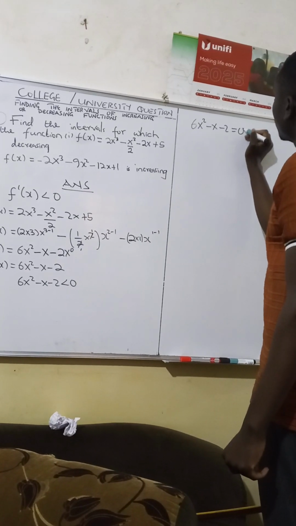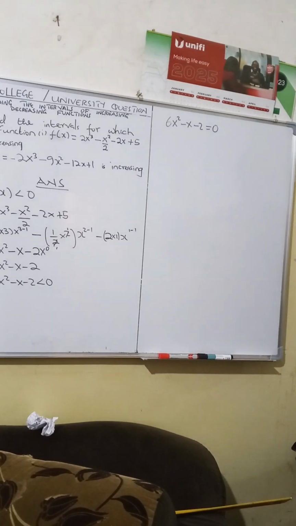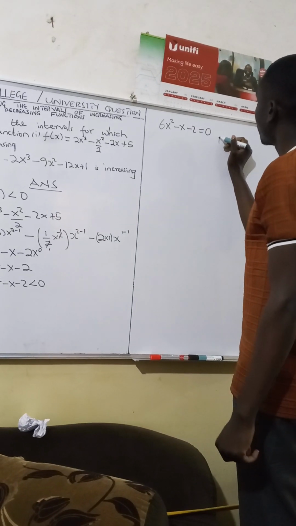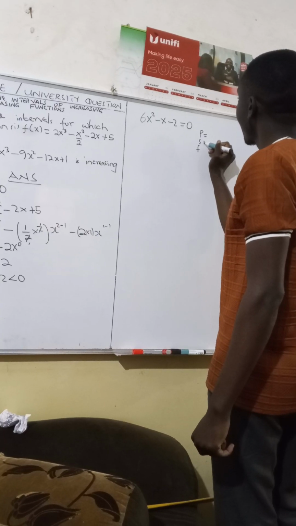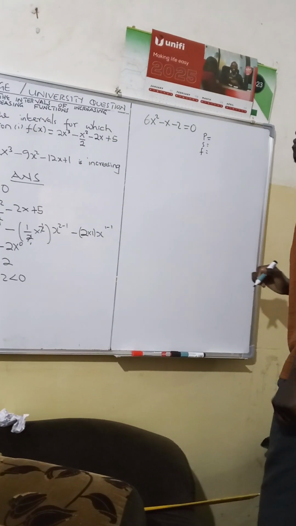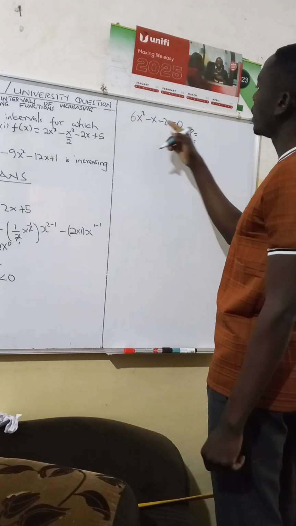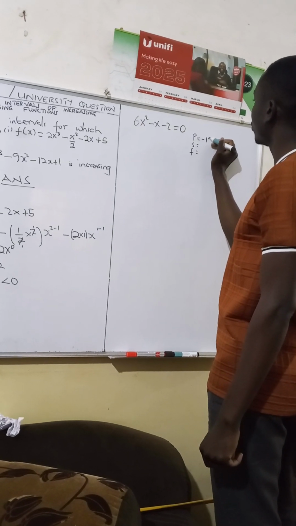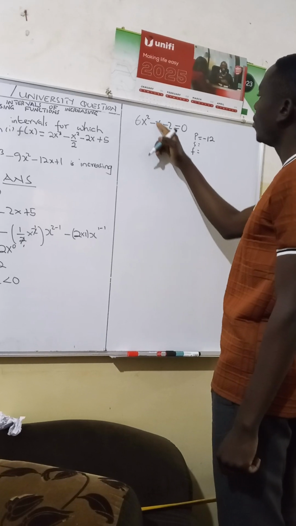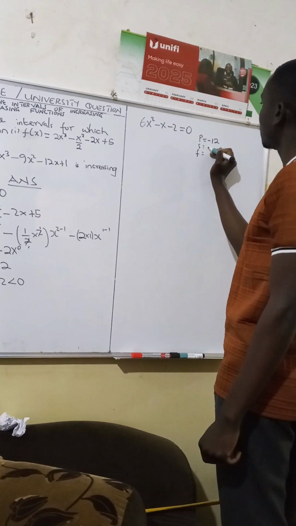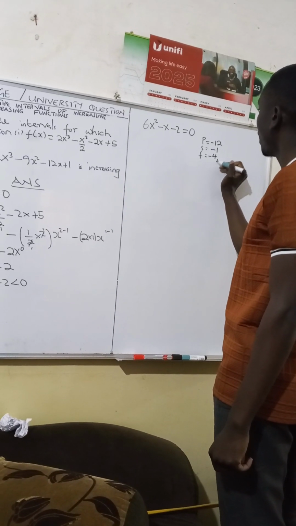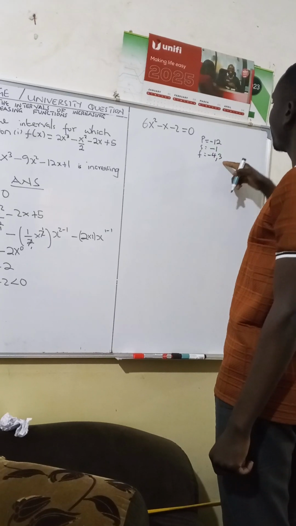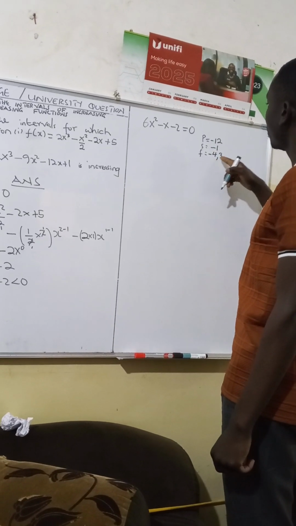I'm going to equate it to 0. Then I'm going to find the product, the sum, and the factors. So the product, 6 times negative 2, I'm going to get negative 12. The sum is the coefficient of x, which is negative 1. The factors are negative 4 and 3, such that negative 4 times 3 gives negative 12, and negative 4 plus 3 gives negative 1.